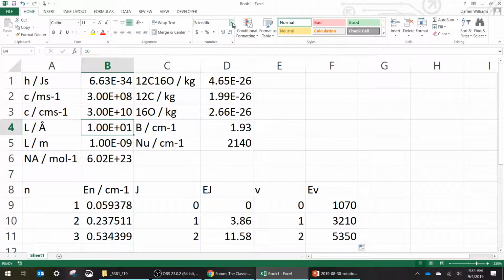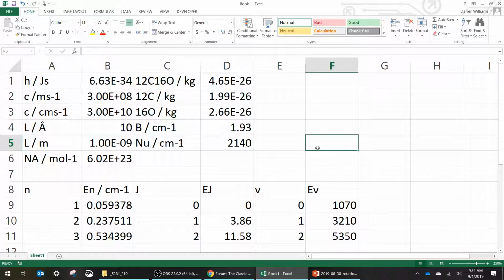And so here are the 3 columns down here at the bottom. This is the particle in the box, the translation, here's the rotation, and here's the vibration.